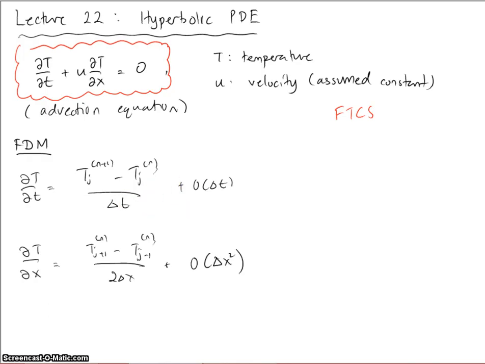Now if you substitute these partial derivatives into your advection equation, you'll end up with, on your left hand side, (Tj at n+1 minus Tj at n) divided by delta t, plus the velocity times the central scheme divided by 2 delta x, equals 0.